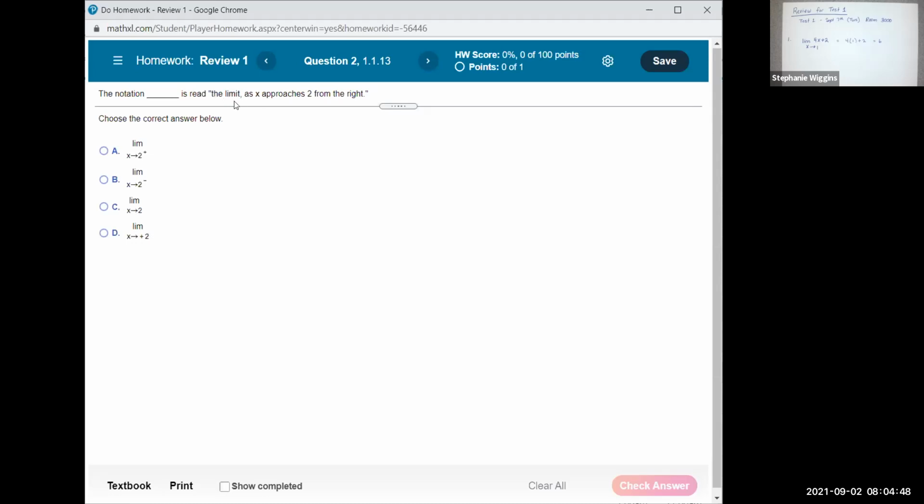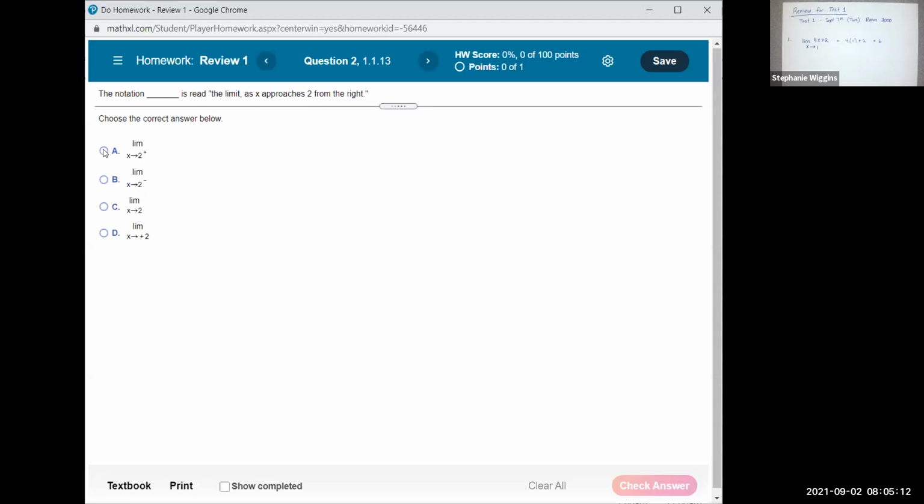So we are looking for the limit as x approaches 2 from the right. And so that would be choice A, because the fact that the positive sign comes after the number, that means you're approaching it from the right. Versus down here, the sign comes before the 2, that just means you're approaching 2, which means the same thing as this here.